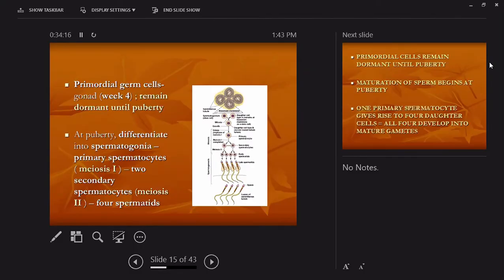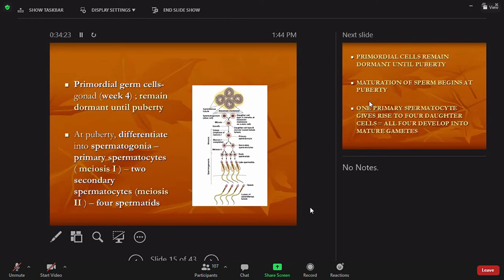So this will be the end now of your being a child, rather a young teenager. When you start your puberty, this is the stage in which you become attracted to males, at least. At puberty, they differentiate into spermatogonia.